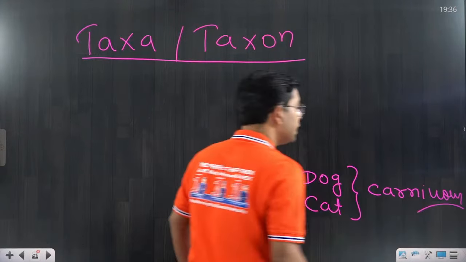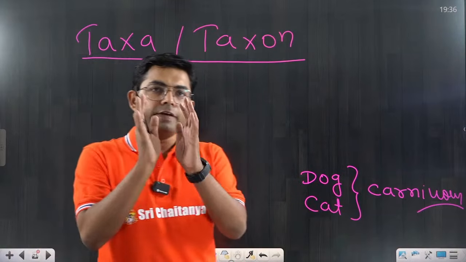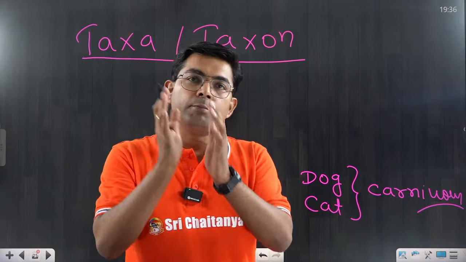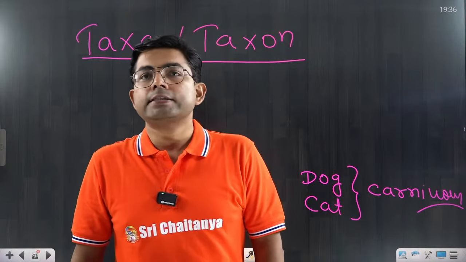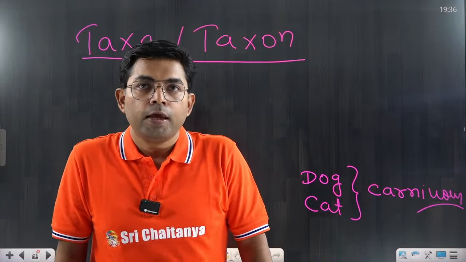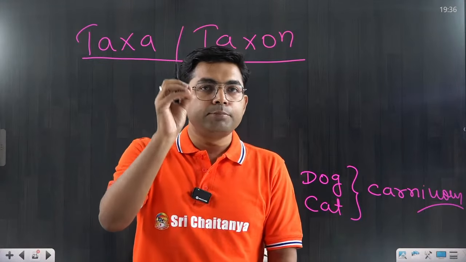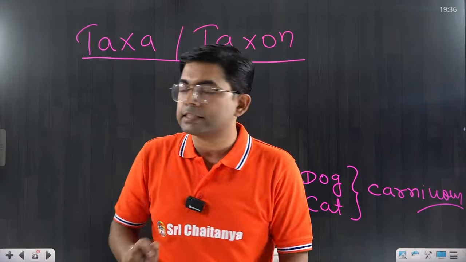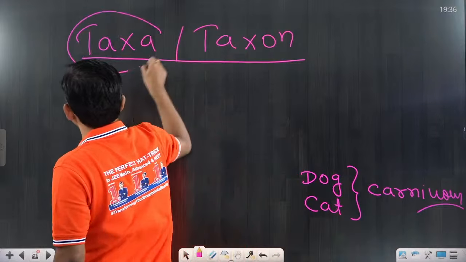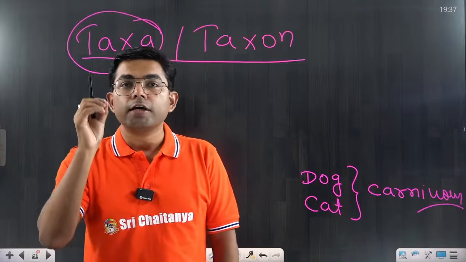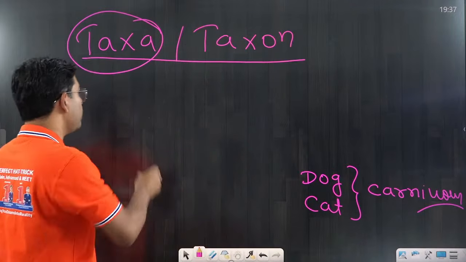Always remember that living organisms always have some kind of similarity and some kind of difference. So the unit of study of these similarities or characterization is called taxa. And each living organism is present in a particular category called taxonomic category.